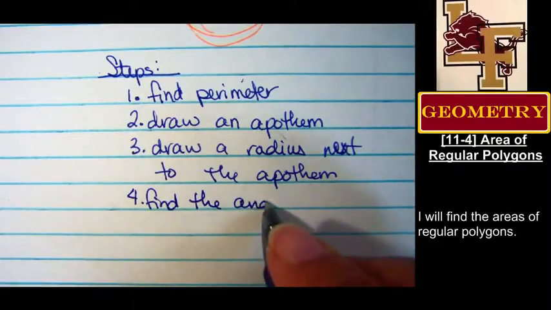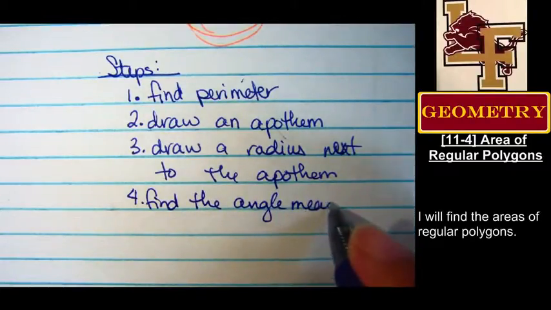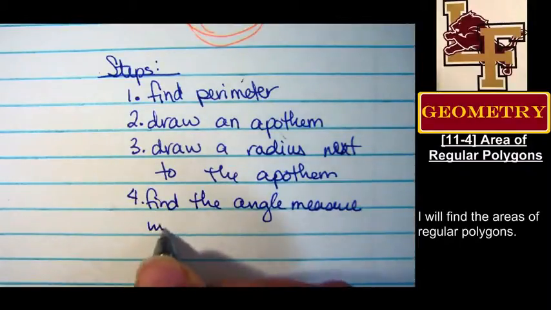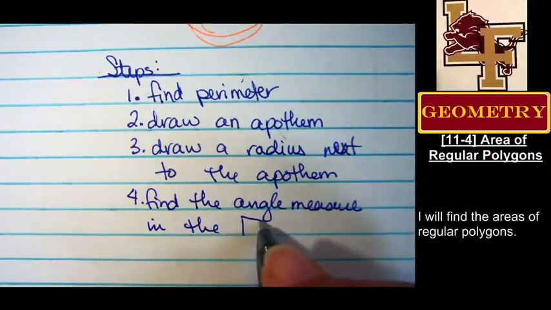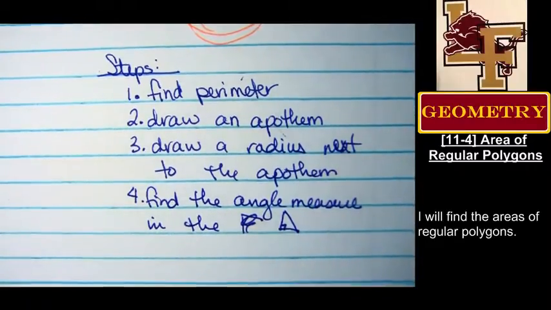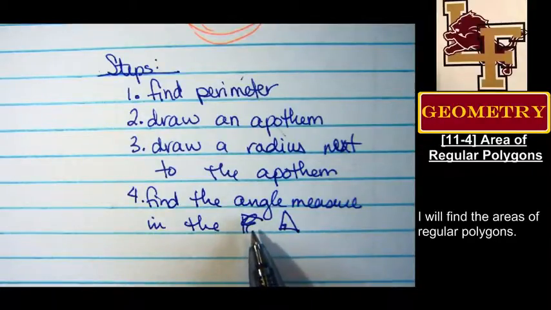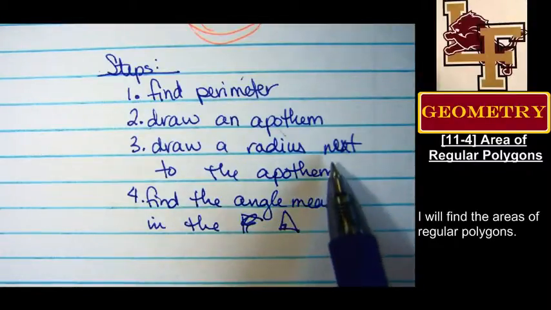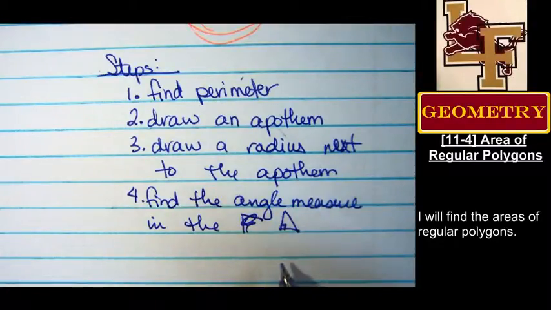4. Find the angle measure in the right triangle that you have created. It doesn't matter which of the 2 angles you use. That's a scribble. Ignore that. I messed up. I was trying to draw a triangle next to the apothem.